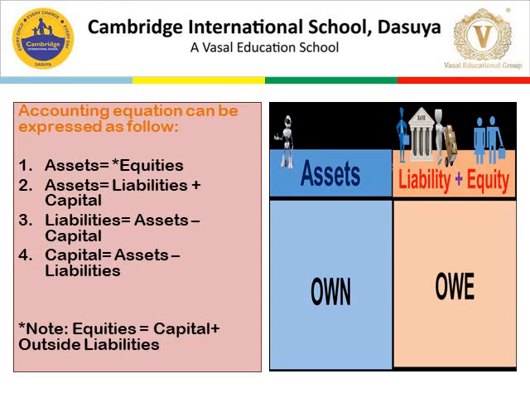Outside liabilities mean when you borrow money from outside agencies like banks or financial institutions. Loans taken from banks, creditors, bank overdraft, etc. are the outside liabilities. So when we add capital and outside liabilities, it always becomes equal to the assets of the firm.